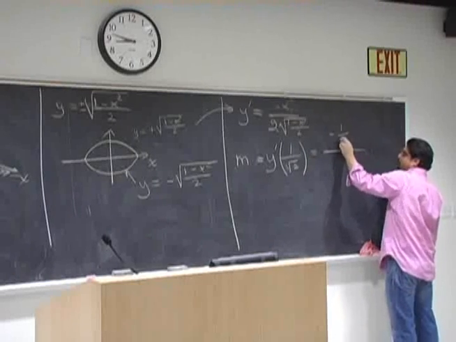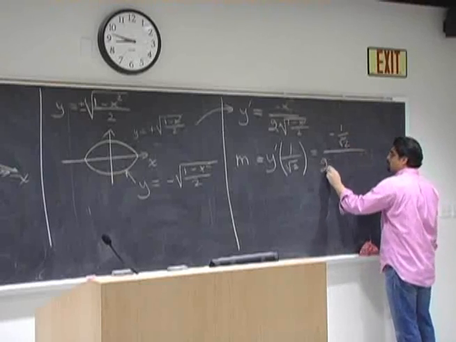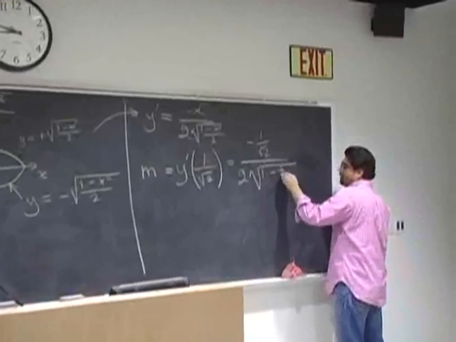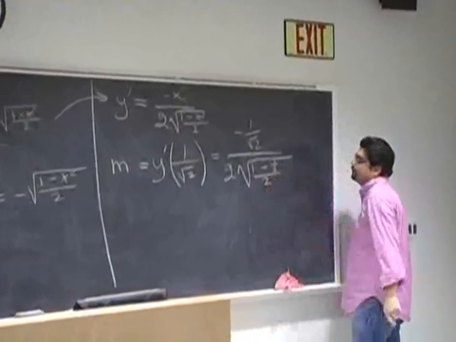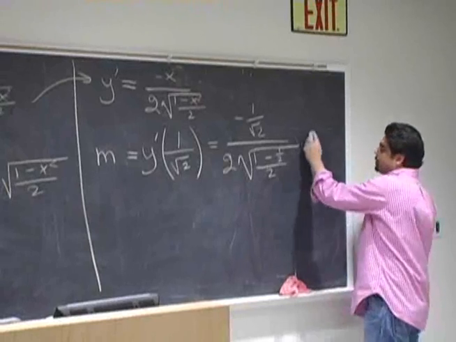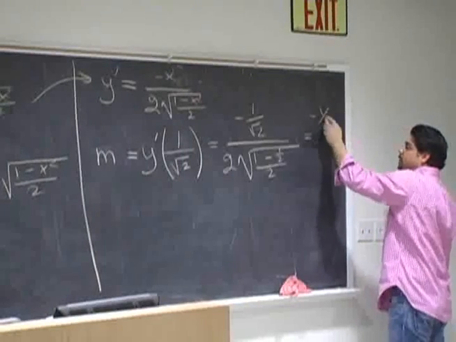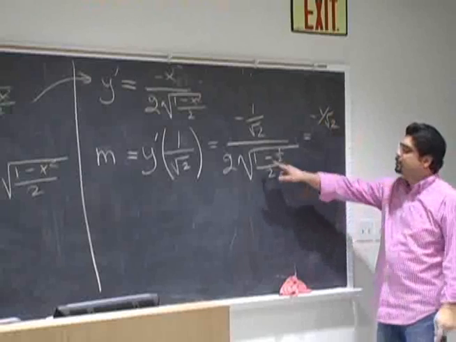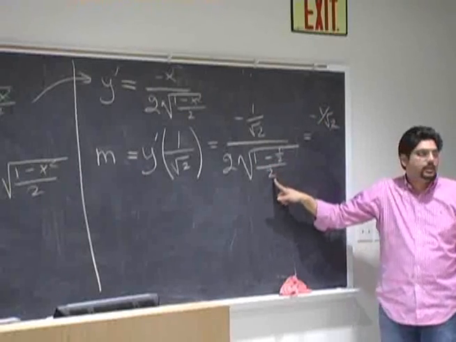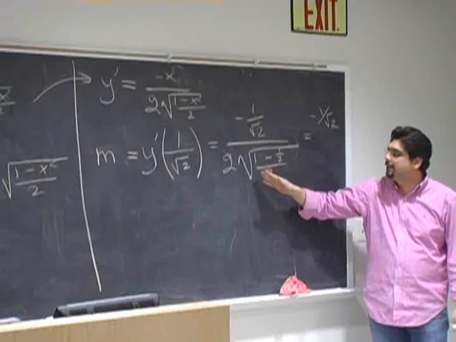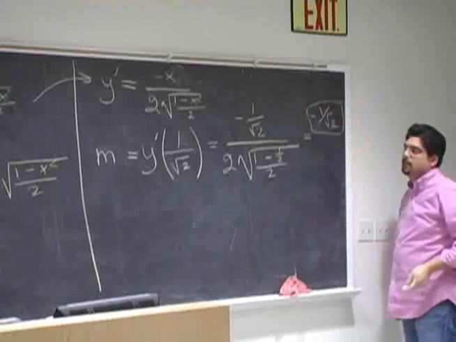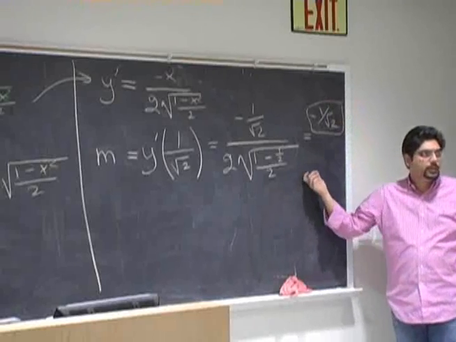Negative 1 over the square root of 2, over 2 times the square root of (1 minus a half) over 2. This part isn't too bad. 1 minus a half is half. Half of that is a quarter. The square root of a quarter is half, times 2 is 1. You with me there?